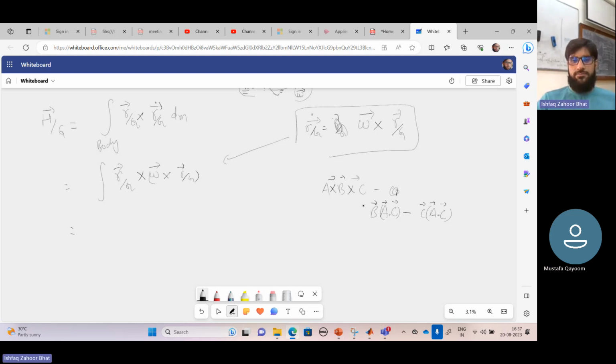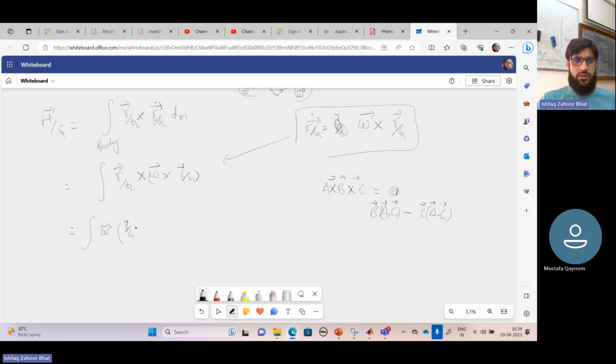Similarly, we will use it here. So this is equal to BAC. So B will be omega, and A is R with respect to G. I will drop this "with respect to G"; it should be understood that it is with respect to G. In the next step, I will not write it.